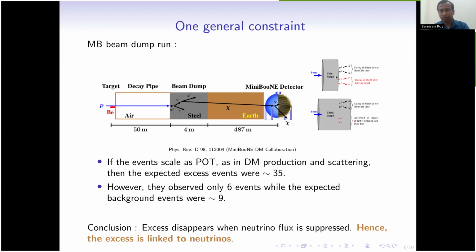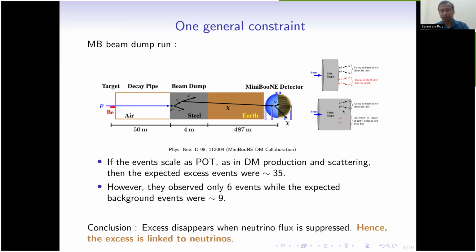So for the thin target, this pi plus and pi minus will be decaying in the decay pipe, and it produces the neutrino. Whereas this pi zero produces the dark matter particles, which also reach the detector. But for the thick target, this pi plus and pi minus are absorbed, and will not be directed towards the detector, and the neutrino flux will be reduced 30 to 50 times.